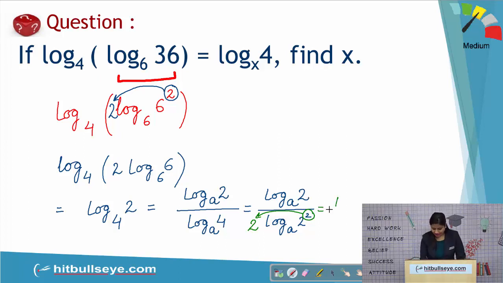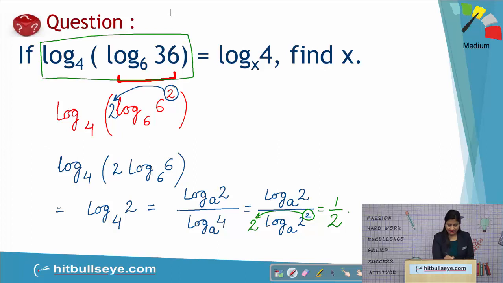So, it will become half. So, left hand side comes out to be half in this case.